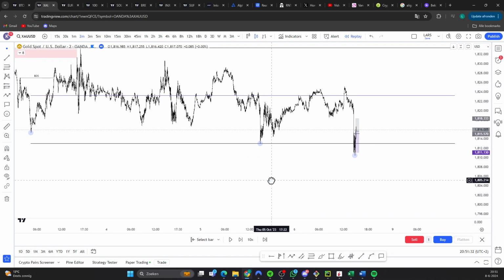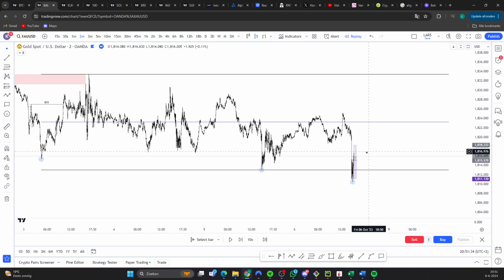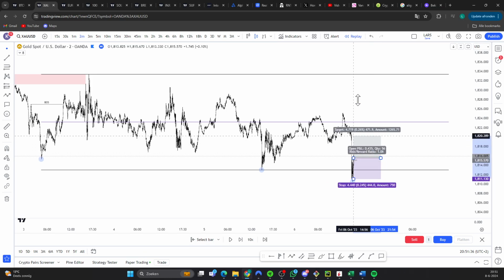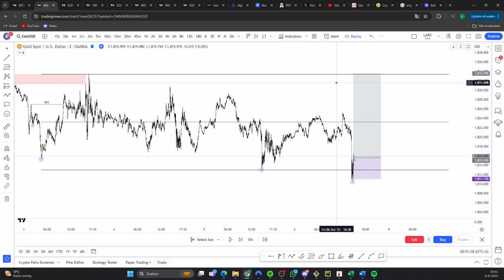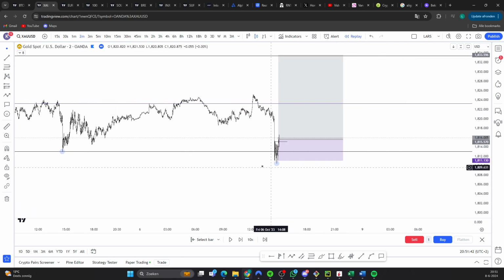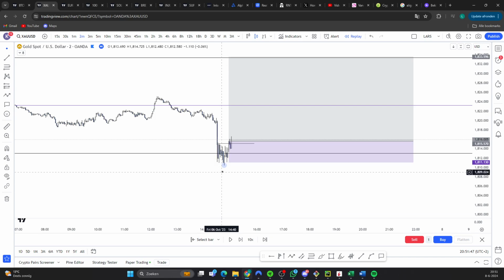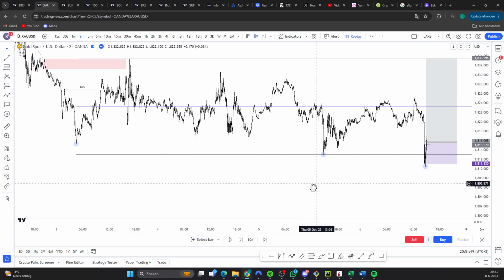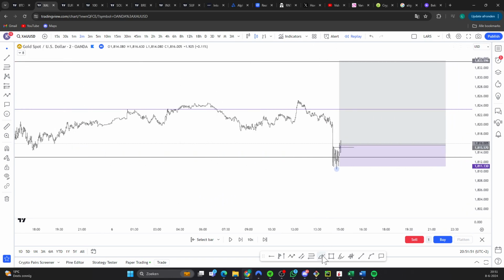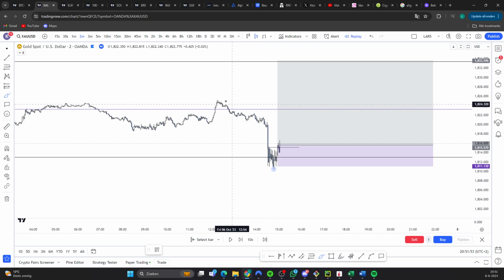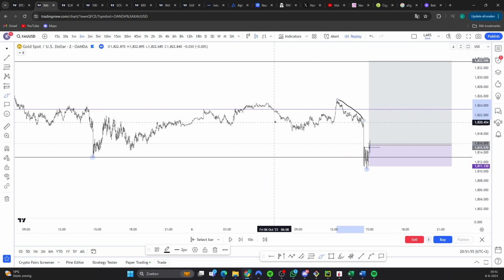But no, it's just a Model 1, and we're just going to massively pump from here. This would be a 4% game. If this is 1-minute structure, I'm entering with a 2% risk on this trade for sure. It should fail this pretty fast, and then above it is just liquidity.